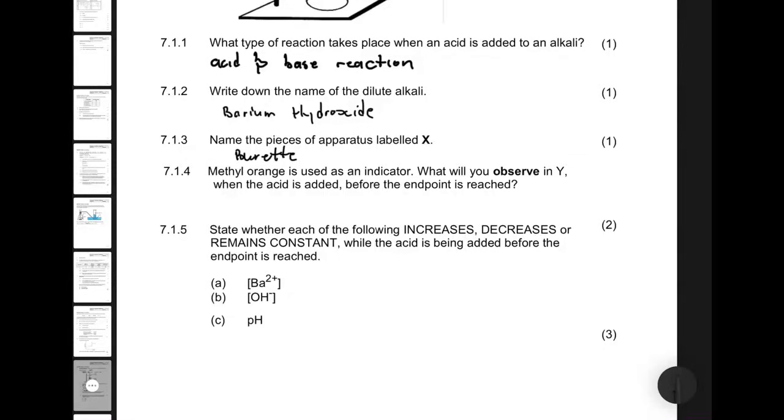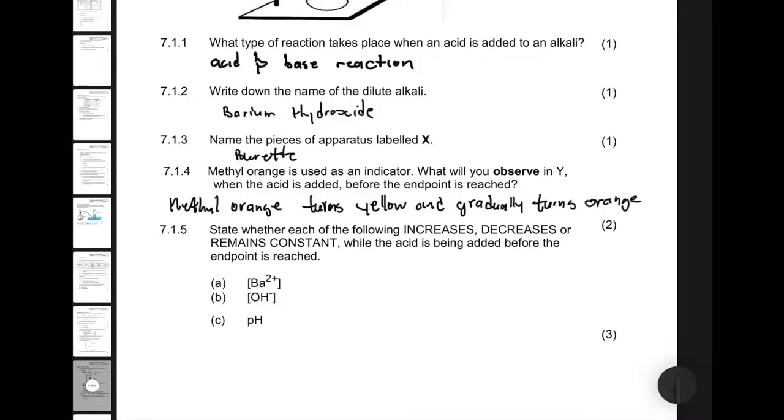If you keep adding more acid and the solution becomes acidic, the methyl orange will turn red. So for 7.1.4, the methyl orange turns yellow because we add it into a base, and gradually turns orange. If you keep adding more acid and your solution becomes acidic, it will consequently turn red.